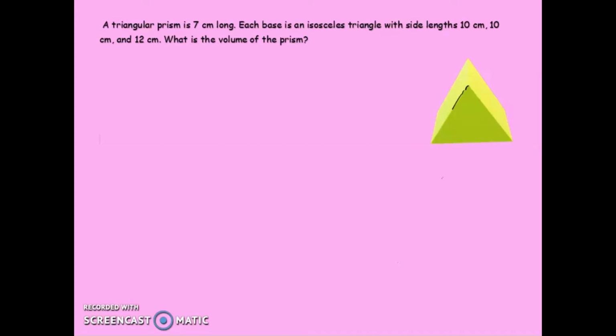An isosceles triangle with side length of 10. It means here is 10, here is 10, and the base is 12. So 10 centimeters, 10 centimeters, and 12 centimeters for the isosceles triangle.